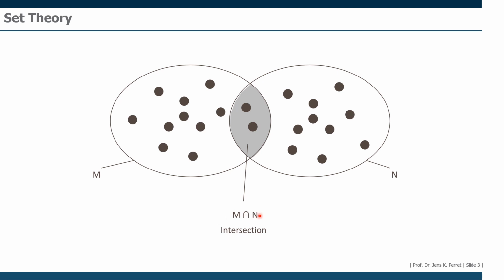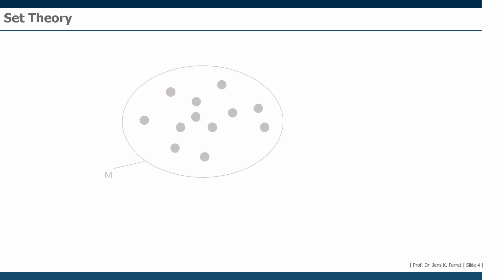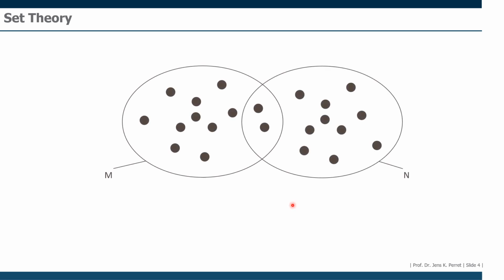This and that one. Well, if we have an AND, we might also come up with some kind of OR operation. The OR operation would be they are in this set or in that set.